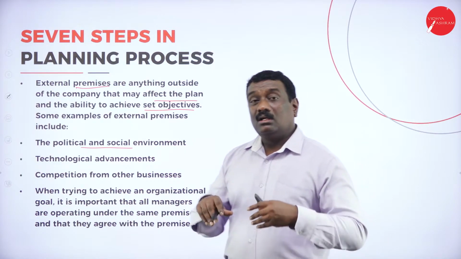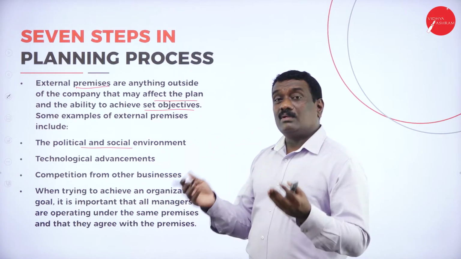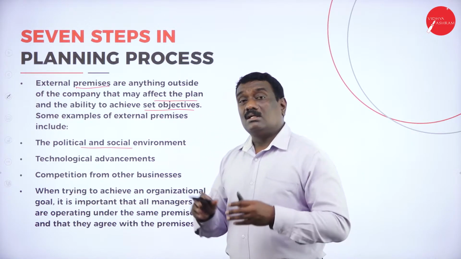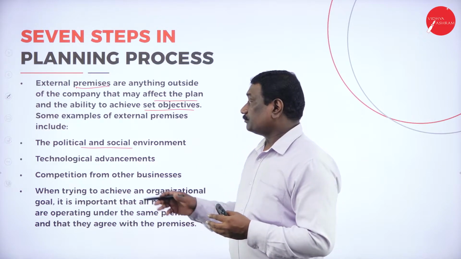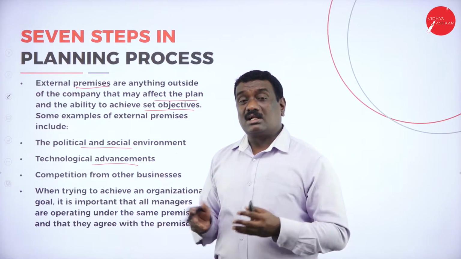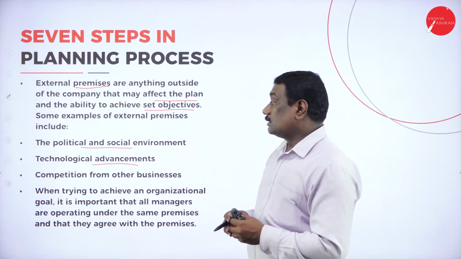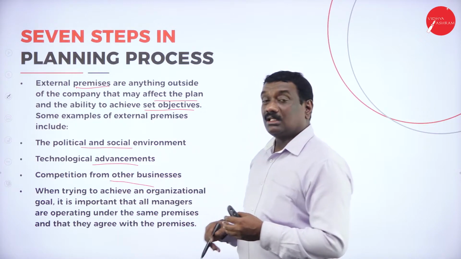So it depends upon the social environment and the political environment, that is the government, change in the government, or else social factors. Then technological advancement, that is improvement in technology or new technologies, then competition from other businesses.